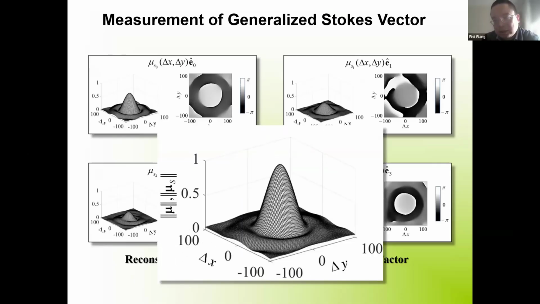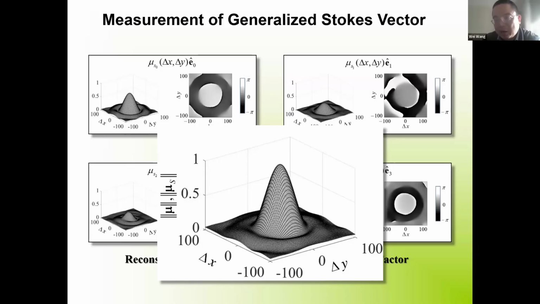Although the mutual coherence tensor and the generalized Stokes vector have different distributions for each element, the Frobenius norm of the tensorial complex degree of coherence has the same structure.